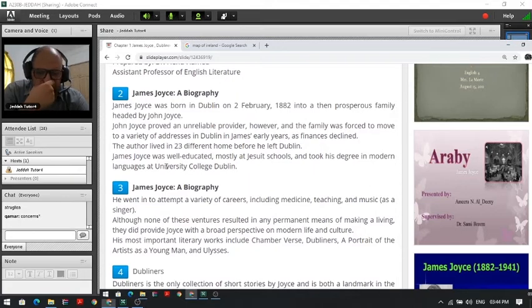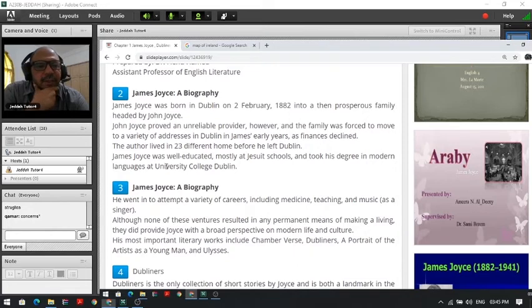His money is going to run out, and the family will have to move from one house to another, to the extent that James Joyce has calculated the movement, and he said that he has lived in 23 different homes before he decided to leave Dublin altogether.